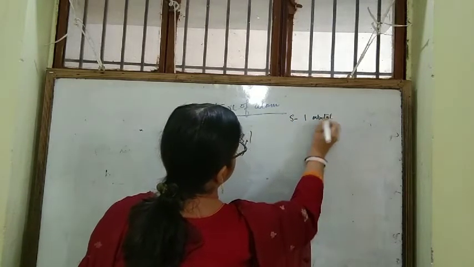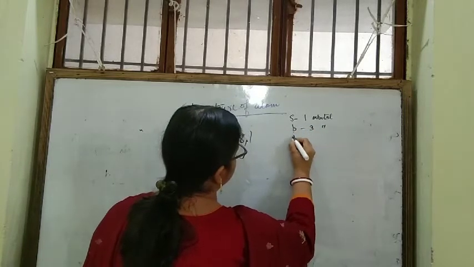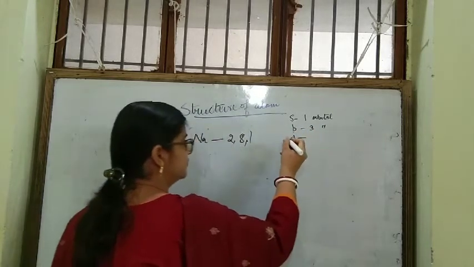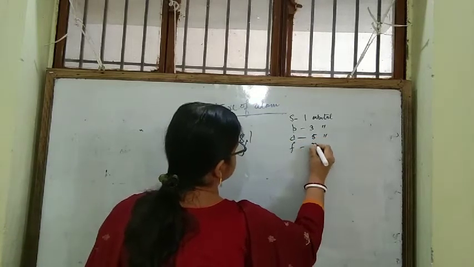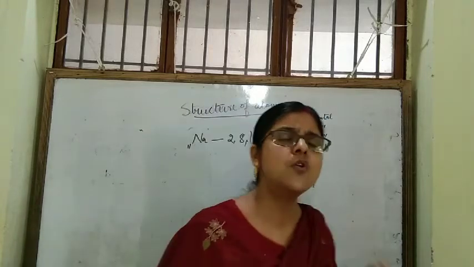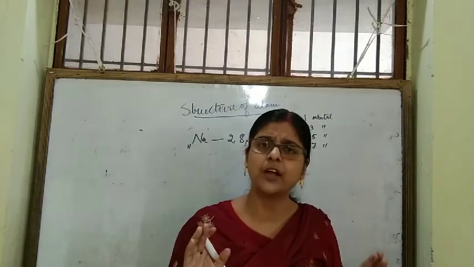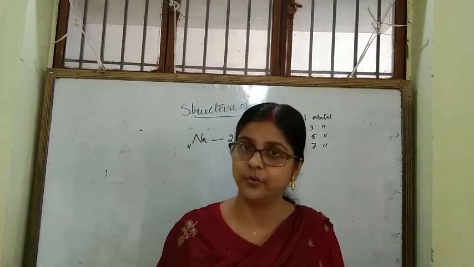P has 3 orbitals, D... And how many electrons can be accommodated in each orbital, that also will be known.